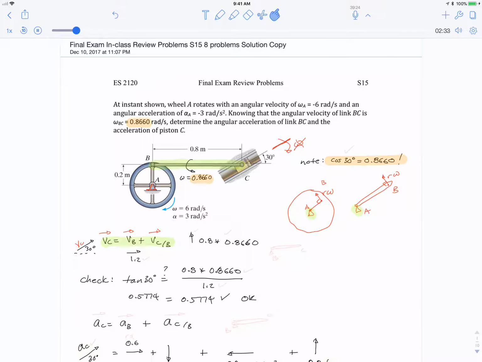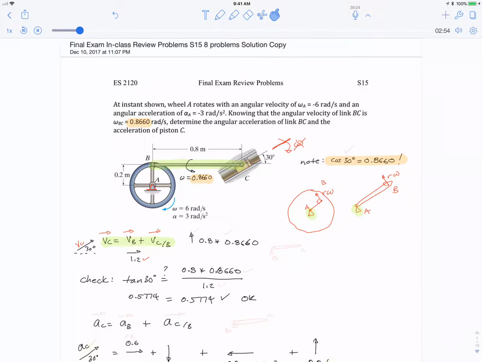V of B: we've identified that B is spinning around A because A is pinned, and so the velocity of B is just R times omega. The R is 0.2, the omega is 6, so that's 1.2 meters per second, and perpendicular to that arm, so horizontal to the right because omega is clockwise.